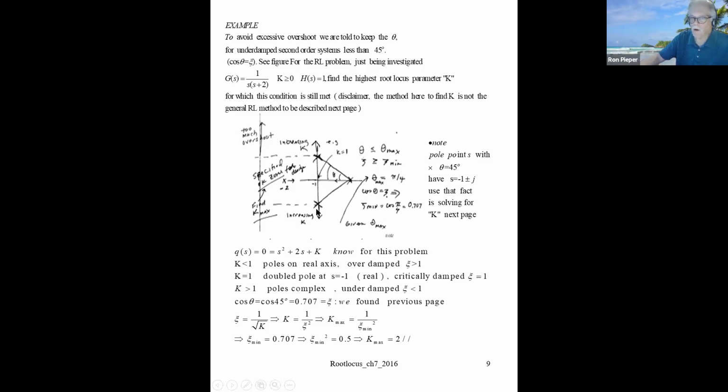Now, to streamline the method for finding the K, from a root locus method, having knowledge of where those poles are for the specific K we are interested in is sufficient.